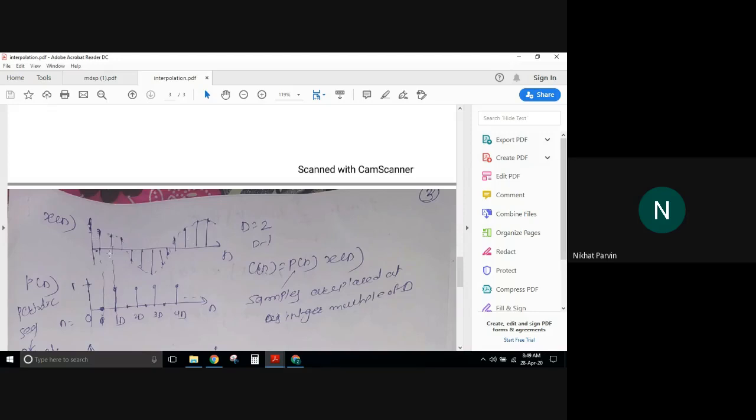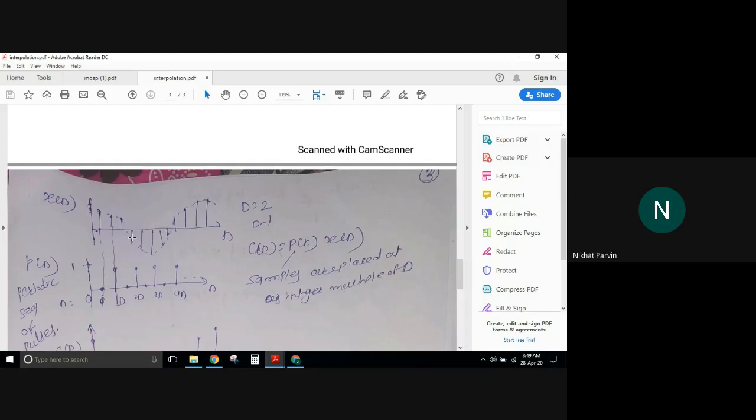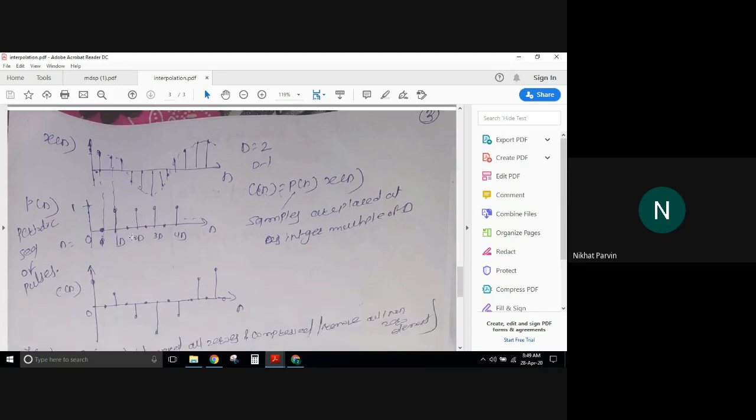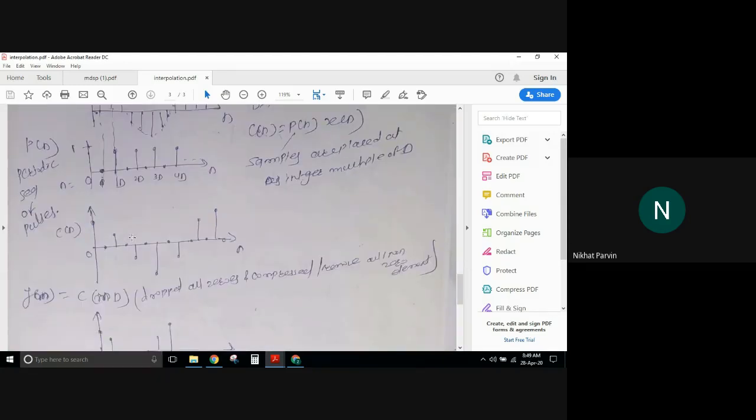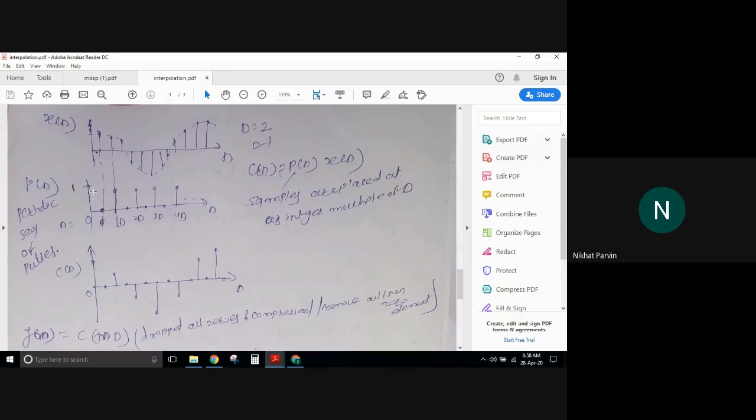Now I have to drop the samples from the given input. To do that, I am going to use a periodic sequence of pulses which has a constant magnitude, for the sake of simplicity, and the periodic train of pulses looks something like this.